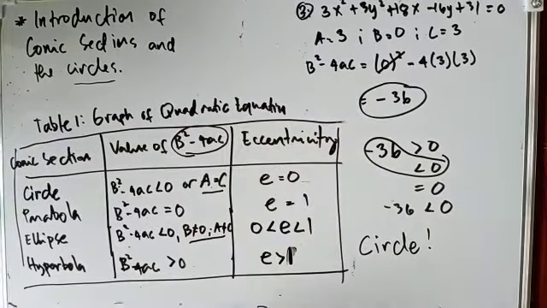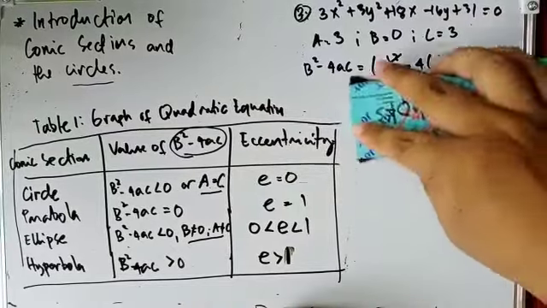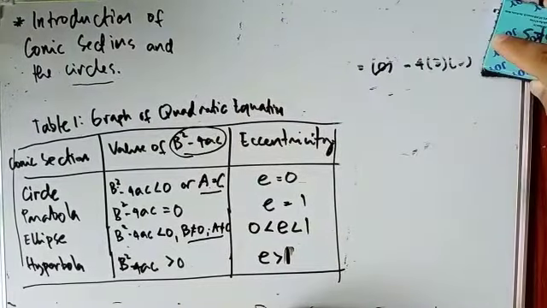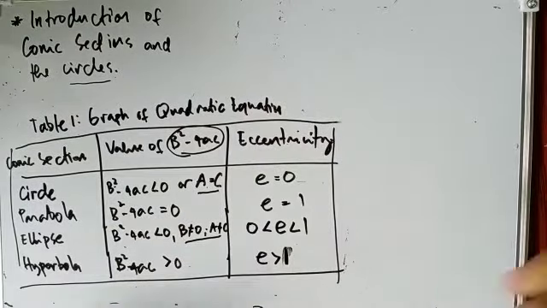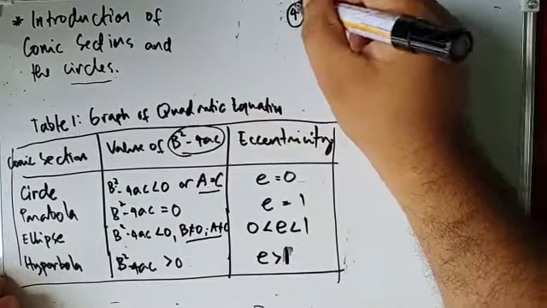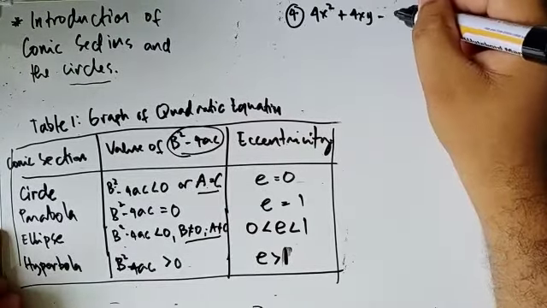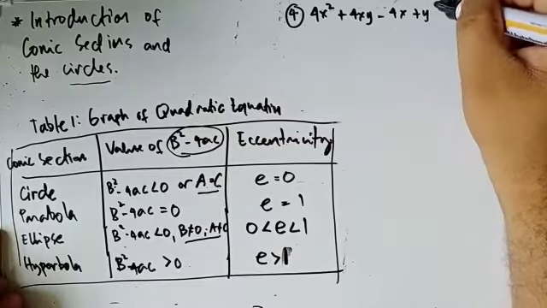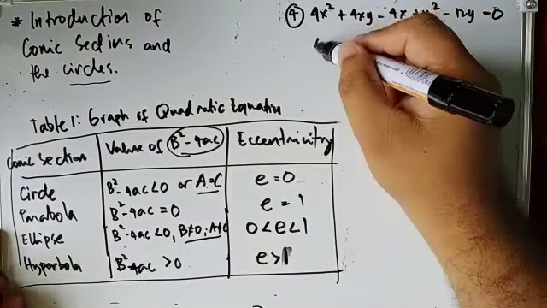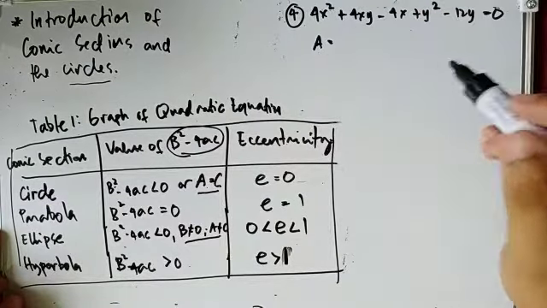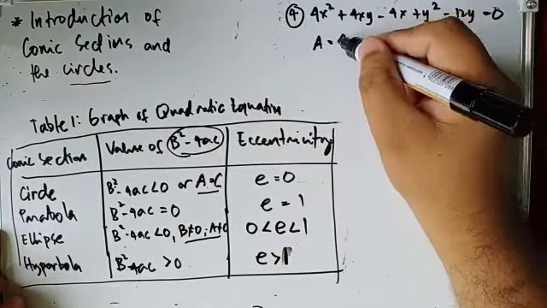May question tayo doon? Wala. Now, let's have another example. Last example. So last example that we have here is number 4. So 4x squared plus 4xy negative 4x plus y squared negative 12y is equals to 0. Again, ano yung value ng a? Yung a natin dapat katabi ni x squared, which is 4.